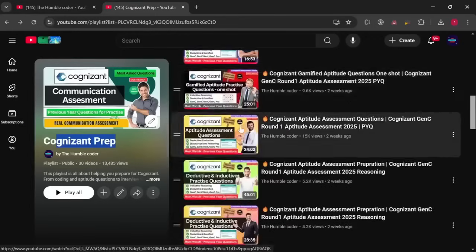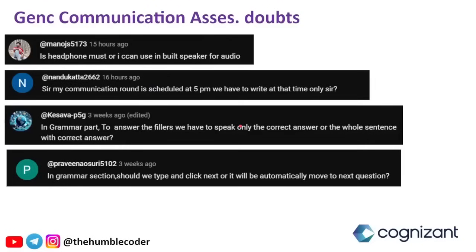Let's now move on to the queries. I will be taking some of the most asked queries. First query: is a headphone a must, or can I use the built-in speaker for audio? It is not a must, you can.